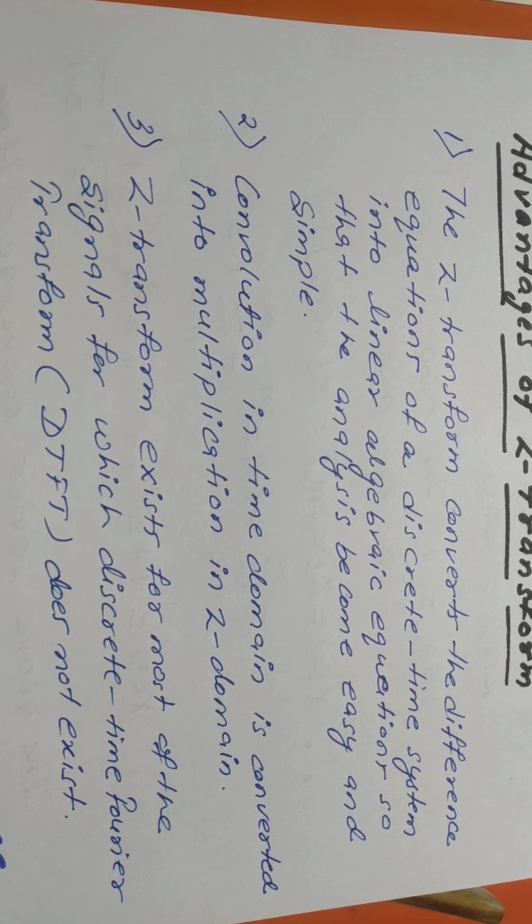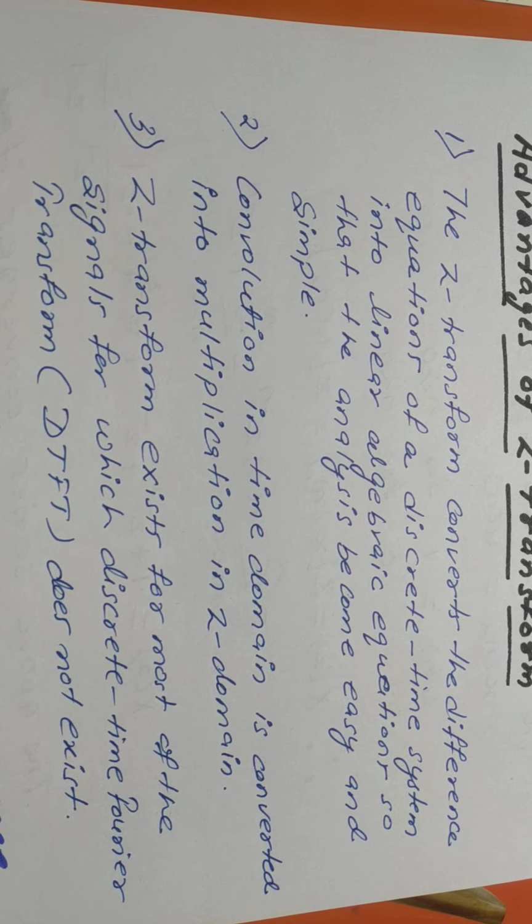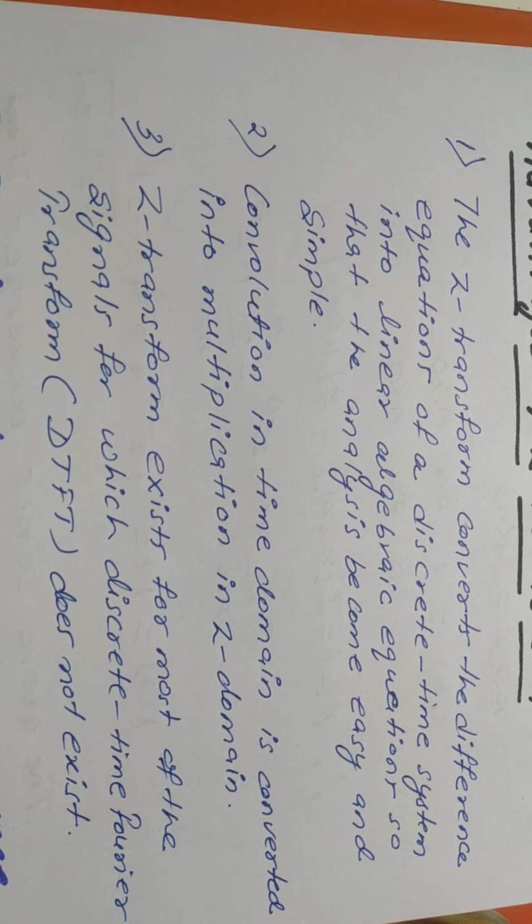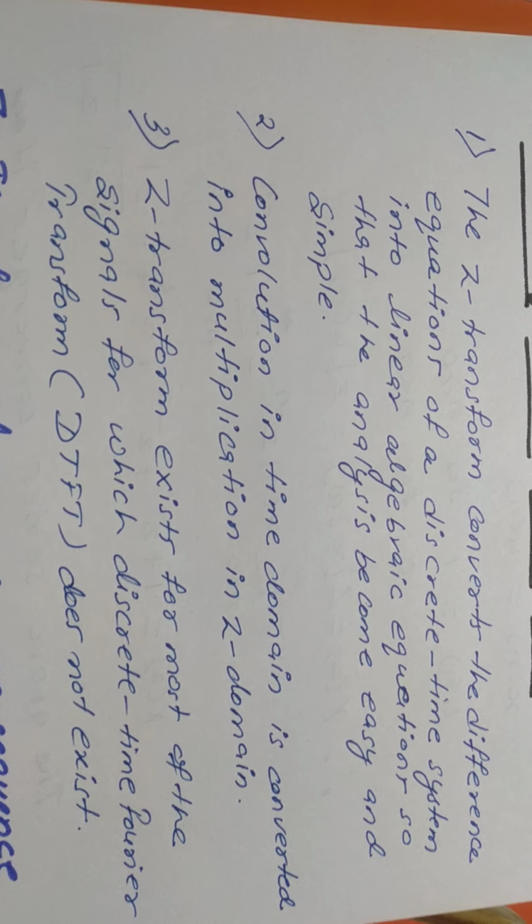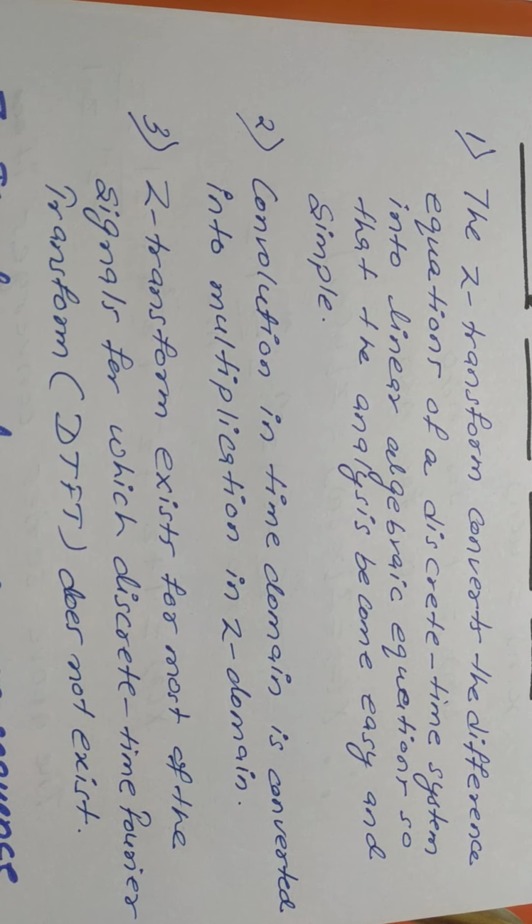It also has the advantage that the convolution in time domain is converted into multiplication in Z domain. Now Z transform has a major advantage that it exists for most of the signals for which discrete time Fourier transform does not exist. So these are the three main important advantages of Z transform.